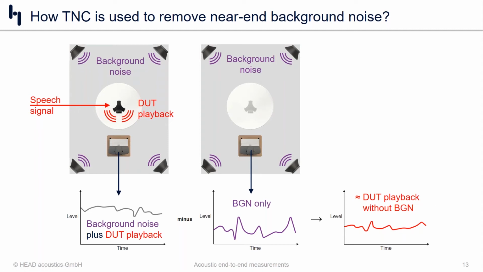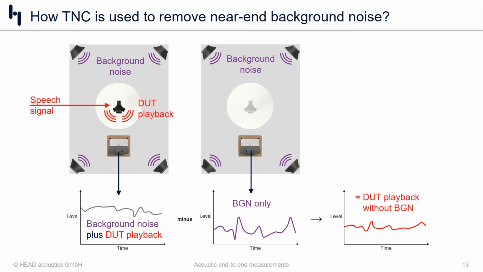The point is, if we can remove that background noise using TNC to a high enough degree, we can place devices in background noise, have them be exposed to background noise, behave differently, and we can measure them, but we can remove the background noise to measure how the devices adapt to that background noise without the background noise influencing our analysis. Now, usually the rule of thumb that we go by when we're using TNC is we'll have a couple of, let's call them calibration test cases in advance.